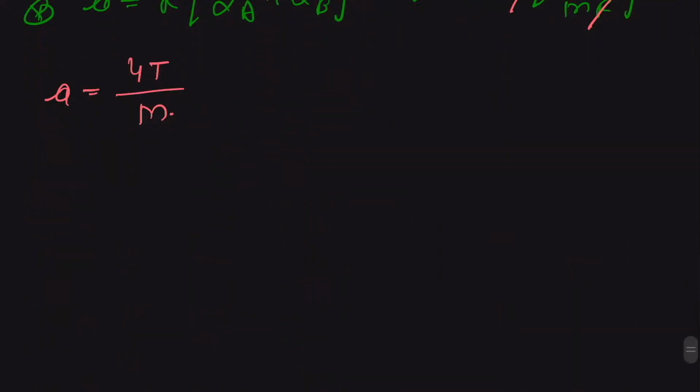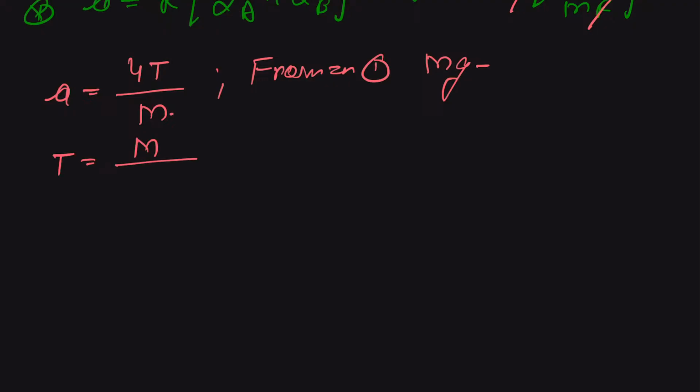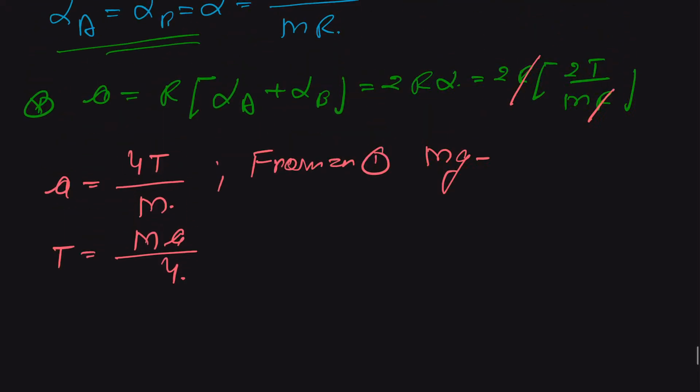So from equation 1, we get mg minus T, sorry, here I have to find out the T. I found out a, so T is equal to ma divided by 4, and we are going to substitute T. So this comes as mg minus ma upon 4 is equal to m times a.